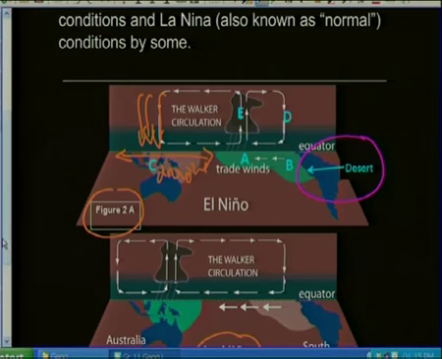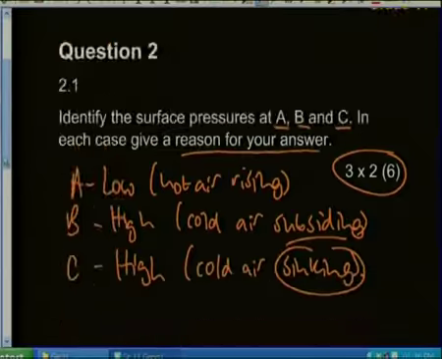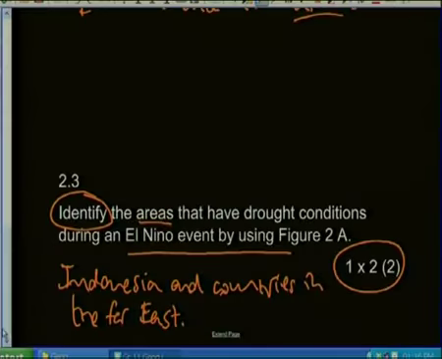Why is there a desert there in that part of South America specifically? Remember, coming up along the west coast of South America here is a cold current called the Humboldt. Cold current from the South Pole. And remember, cold air doesn't cause high levels of evaporation, so it's going to basically be a very moisture poor environment, and that's why deserts can exist in that context.